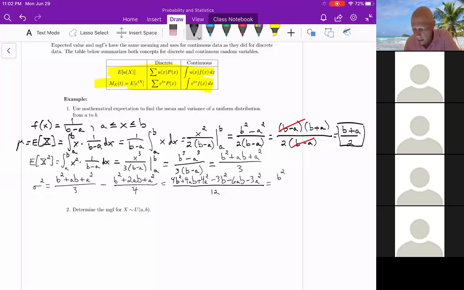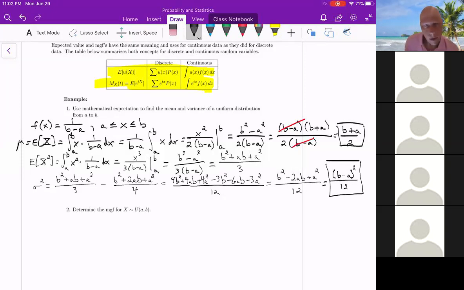I have 4ab minus 6ab, which is minus 2ab. And I have 4a squared minus 3a squared, which is plus a squared, over 12. And that numerator factors into b minus a squared over 12. That is your mean and variance for a uniform distribution from a to b.